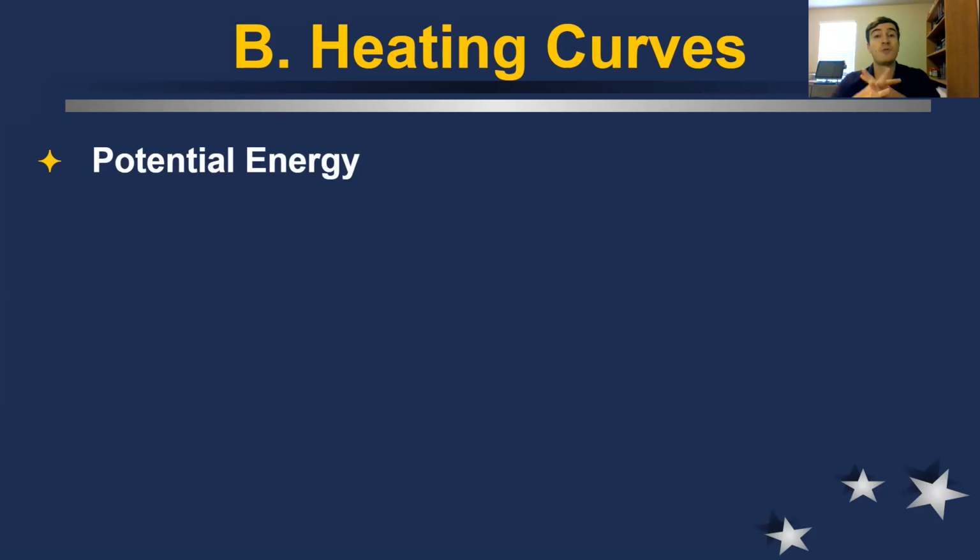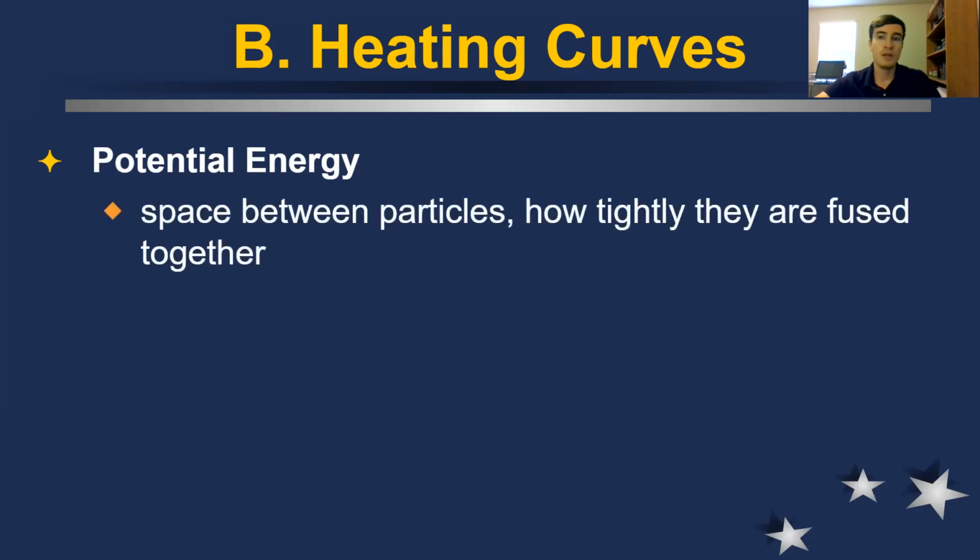Potential energy has more to do with when we go through one of those phase changes. When we go from a solid to a liquid and melt, or when we go from a liquid to a gas and vaporize or evaporate. So if the kinetic energy has to do with how fast these particles are moving all around, the potential energy has to do with how tightly the particles are fused together, how tight in together those particles are.